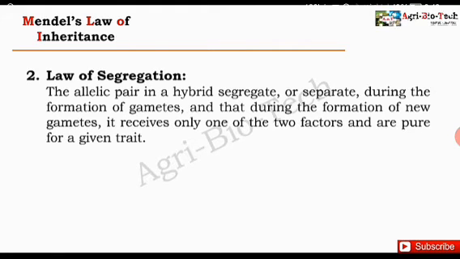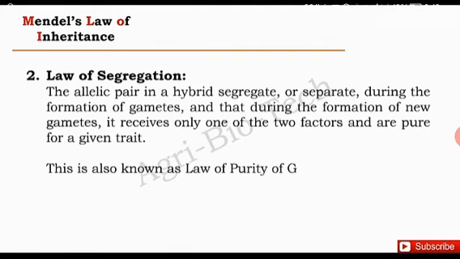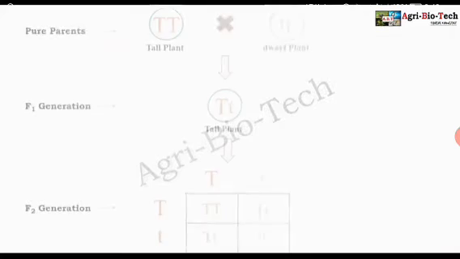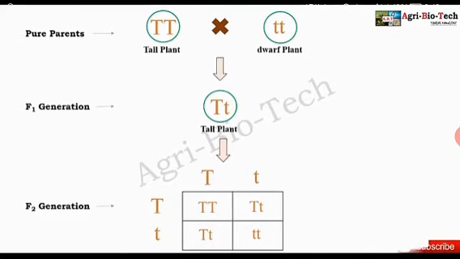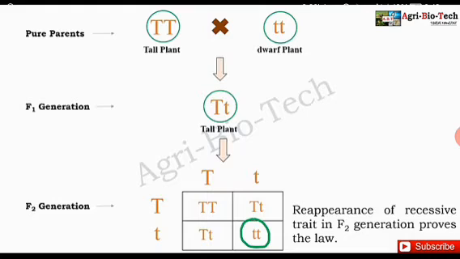Therefore, this is also called the law of segregation or the law of purity of the gametes. This law can be explained by a monohybrid experiment. Let us see the similar example of tall plant and dwarf plant. The reappearance of the recessive trait in the F2 generation proves this law.